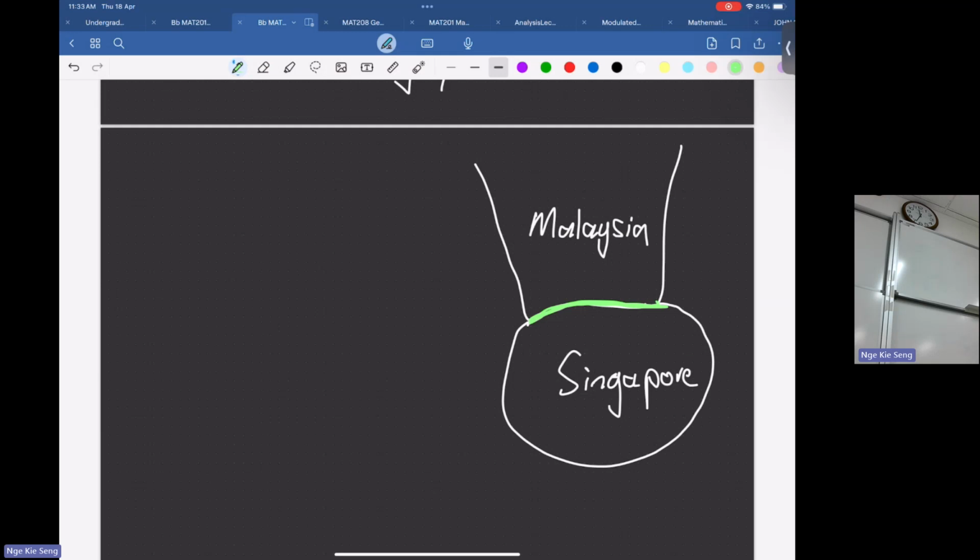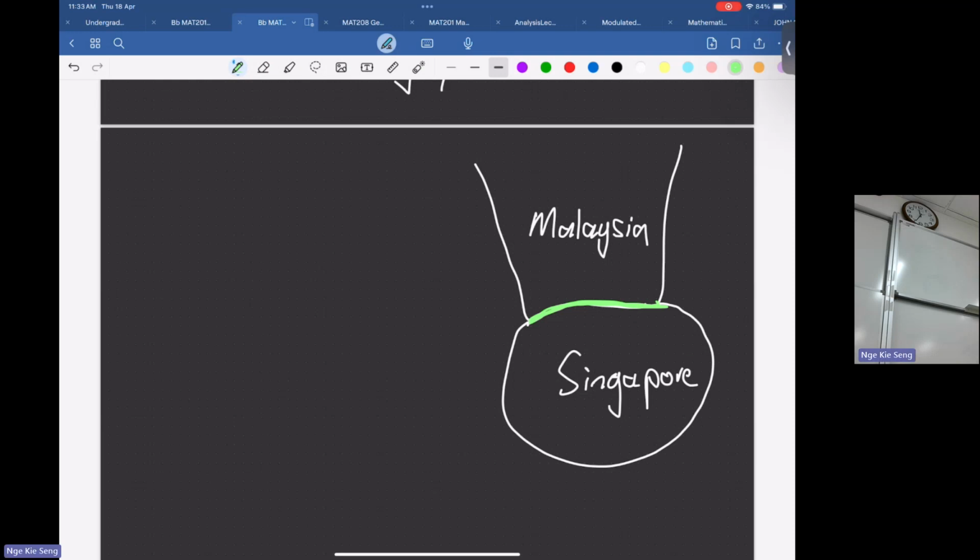So any open ball around you will contain one point from Malaysia and one point from Singapore, no matter how small the ball you make. So this is the boundary.